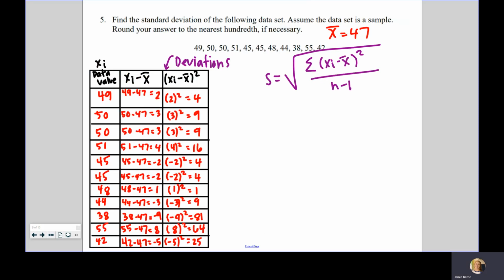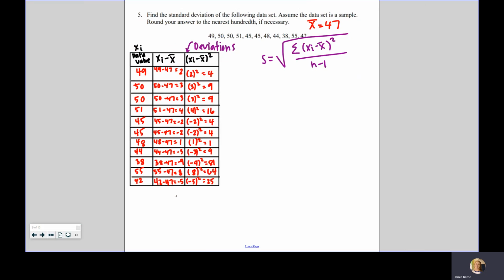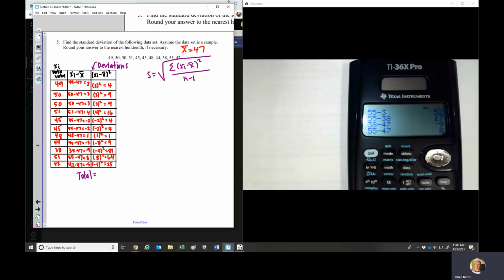All right, so the next step after you fill in your table is to add up all of the deviations squared. So again, this is going to be our numerator. It's the sum of the deviations squared. So go ahead and add up all those values.